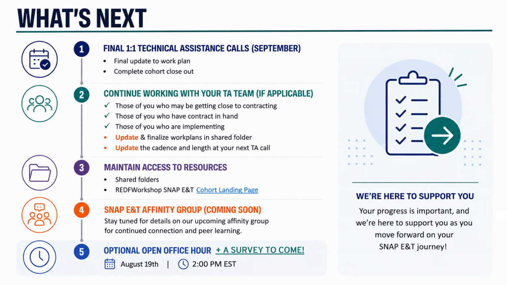Hi. So this is the end of this final cohort webinar. And so next steps, really, again, make sure you're getting in all of your technical assistance calls that you have with your TA providers. And even after this engagement is over, at least I know I like to know how you all are doing and get updates.